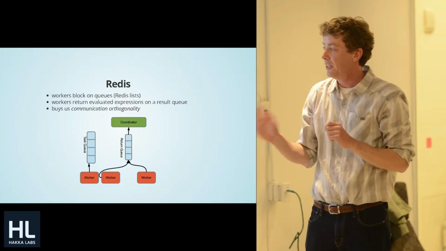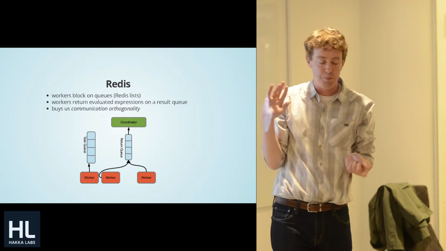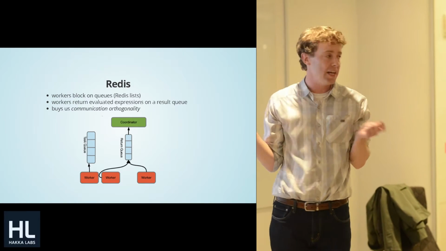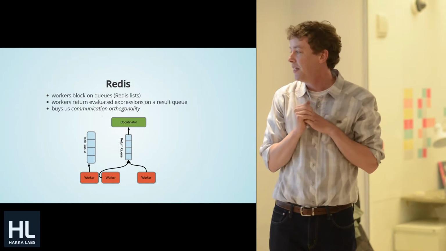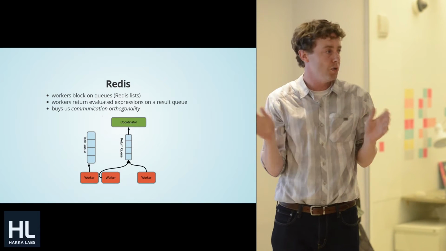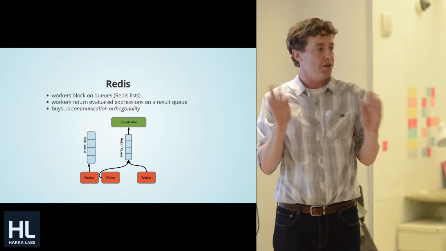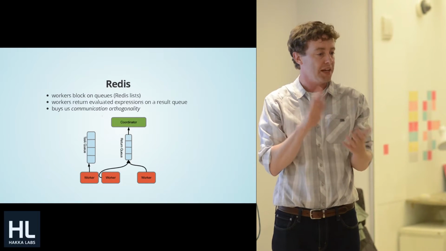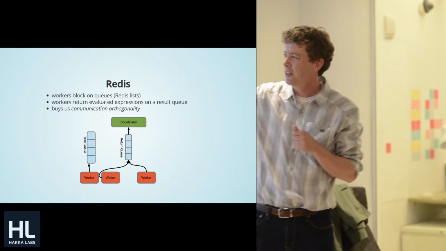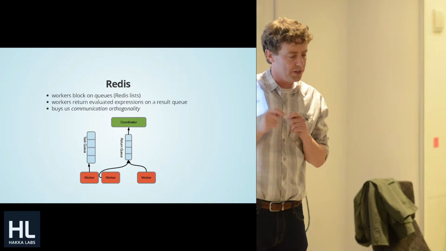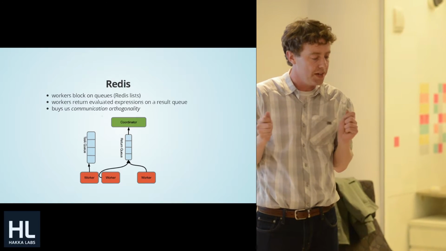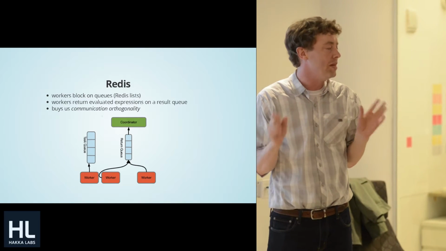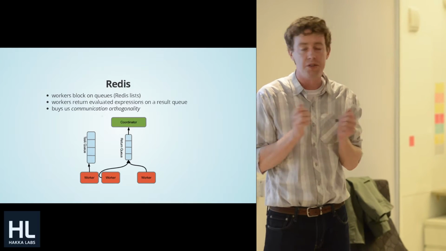So the really nice thing about this is it buys us this notion of communication orthogonality, which basically means that no 2 nodes in the network really know about each other, but they can still communicate. It's a little bit more formal than that, and it really means that 2 nodes in the network know a minimal amount of information to communicate.